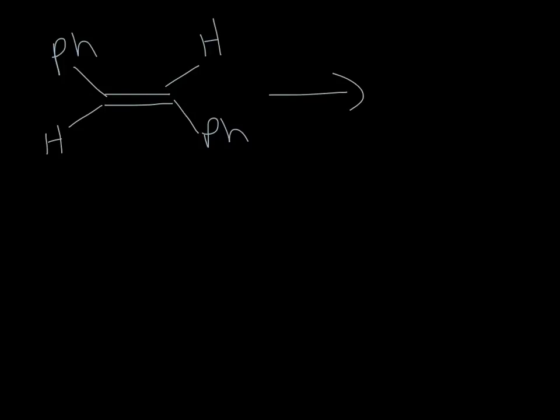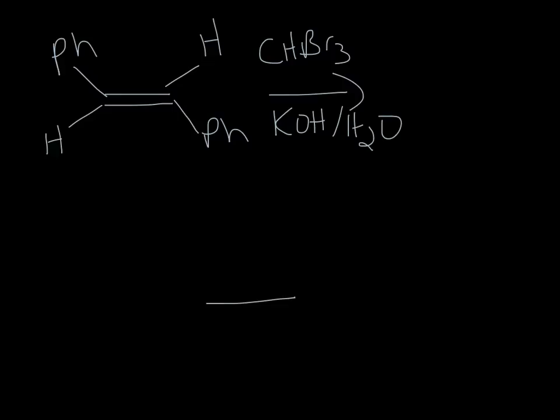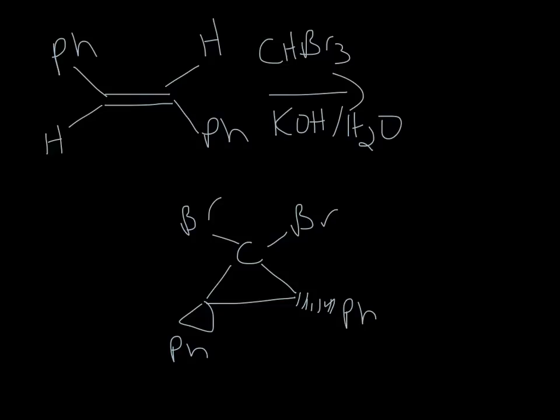What I would put in solution then is my CHBr3 under basic aqueous conditions, and what I would end up with down here would be my carbon with the two bromines on it, and I would have still that trans stereochemistry.